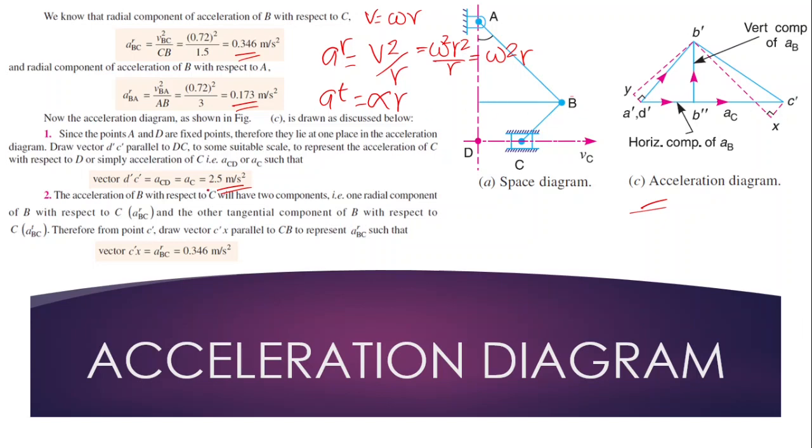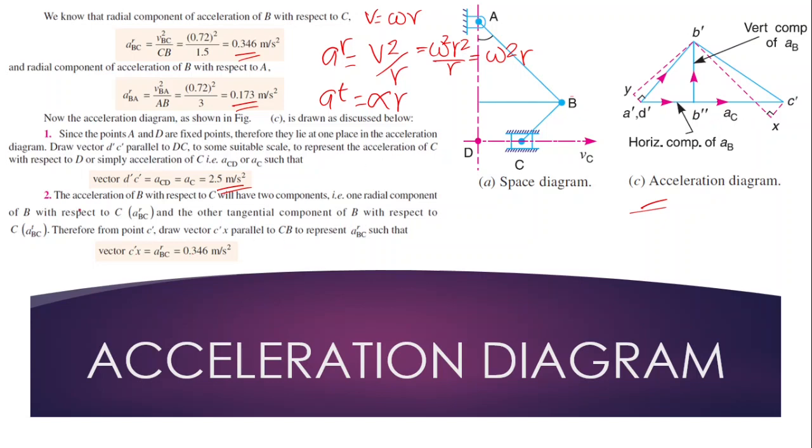The magnitude of AC is equal to 2.5 meter per second square, and we can take 2.5 meter per second square as 2.5 centimeter or anything like that to represent that magnitude.